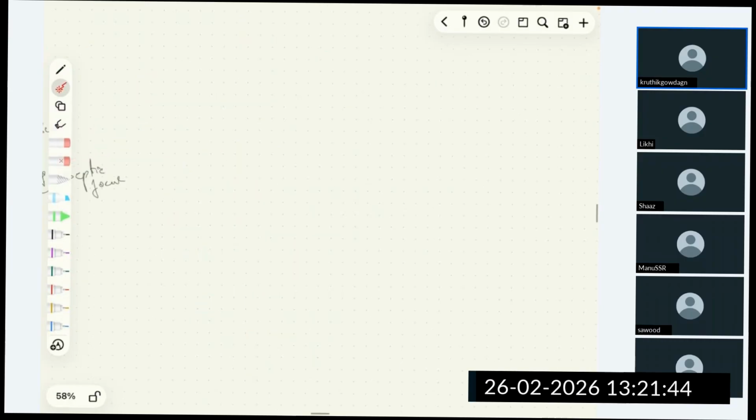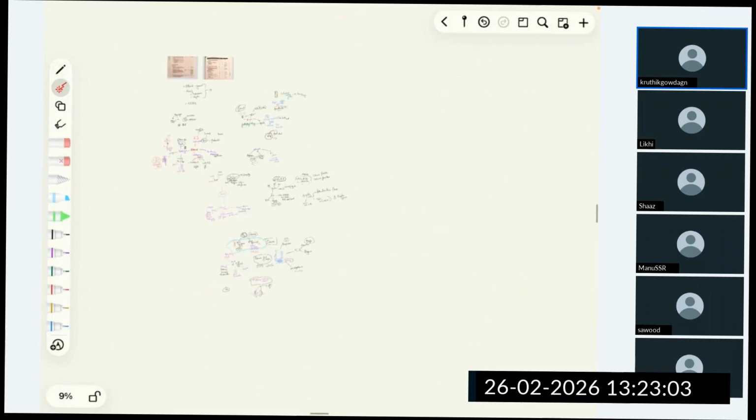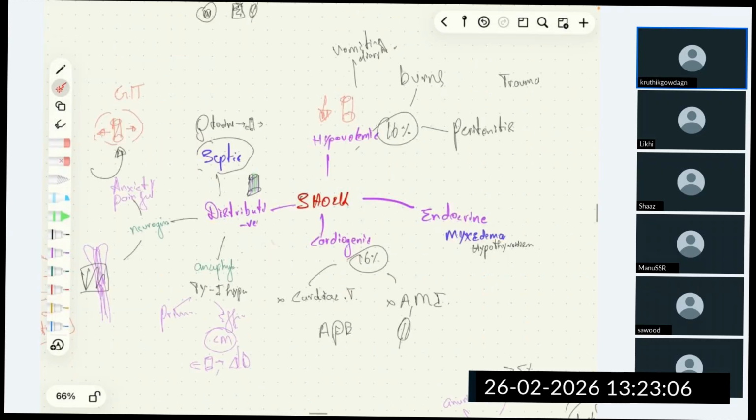After this, we have to talk briefly about two things, that is septic shock and multi-organ dysfunction syndrome. Septic shock is one of the types of distributive shock due to pooling of blood secondary to bacterial toxin release.